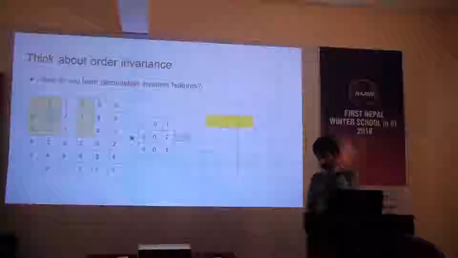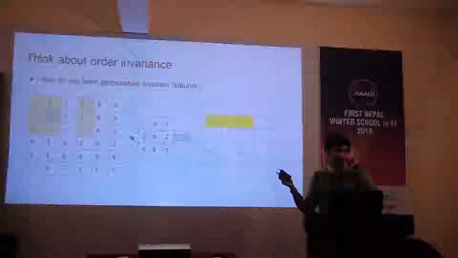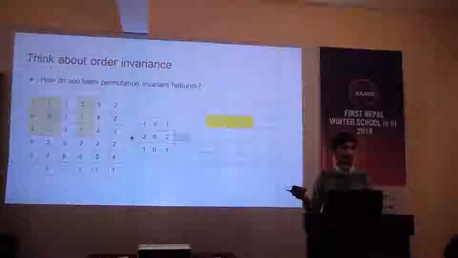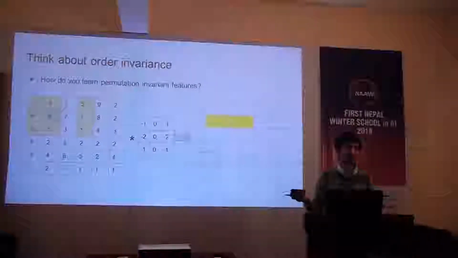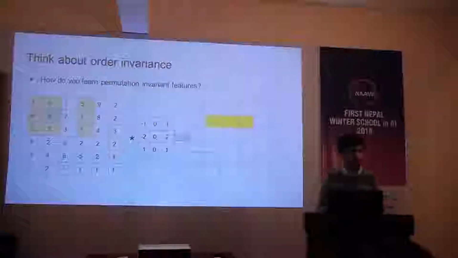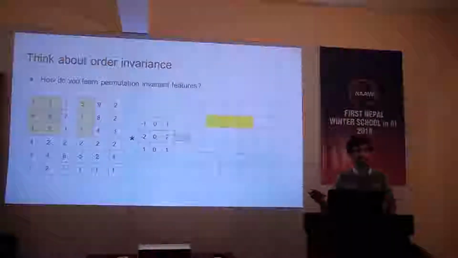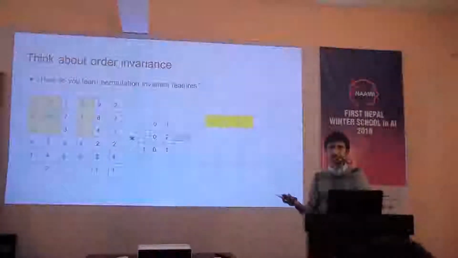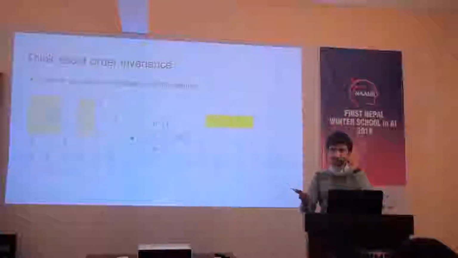So here's the problem. You clearly see there is a problem. If you apply convolutional nets, conv-nets, on data which you want to learn as order invariant, then you will not get a representation that is fit for your data.